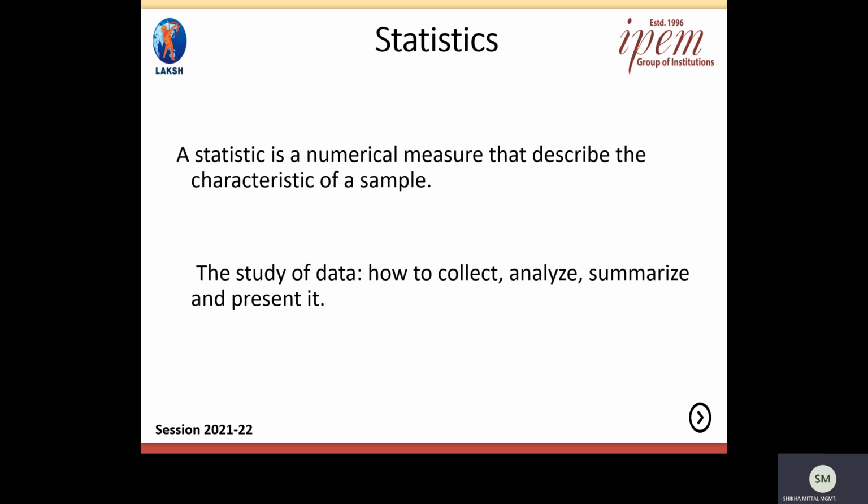So what is statistics? A statistic is just a piece of numerical information, or we can say it is a numerical measure that describes the characteristic of a sample. For example, the GDP for the year 2020 is a statistic, as is the employment rate in each state across the country, or the number of active COVID cases in any city.